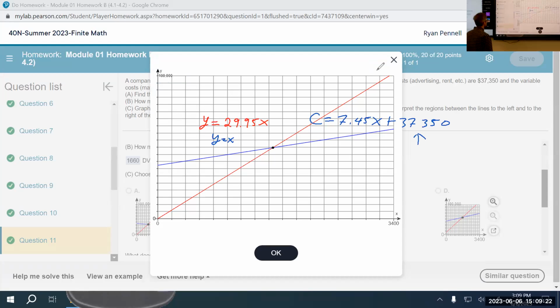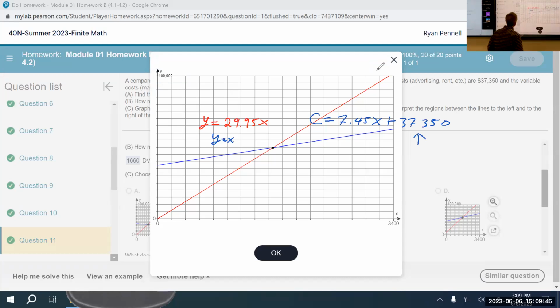That's our revenue. We see the blue there, 7.45, increasing each time, starting at 37,350. So we know where our break-even point is roughly on this. x equals 1,660. So that helps.